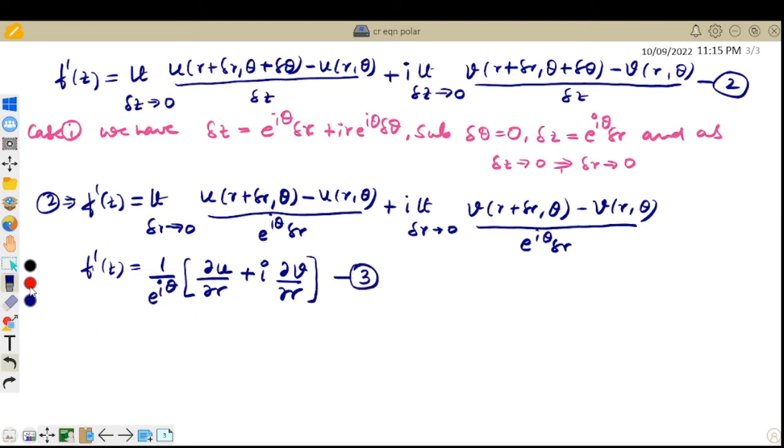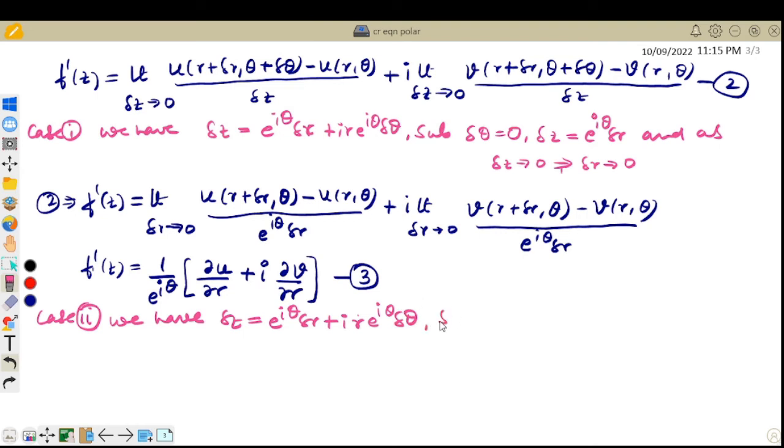Fine. Now let me go for case number 2. What is case number 2? As usual, you know that we have delta z is equal to e raised to i theta into delta r plus i r e raised to i theta into delta theta.